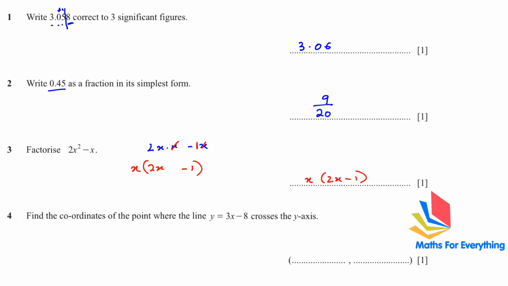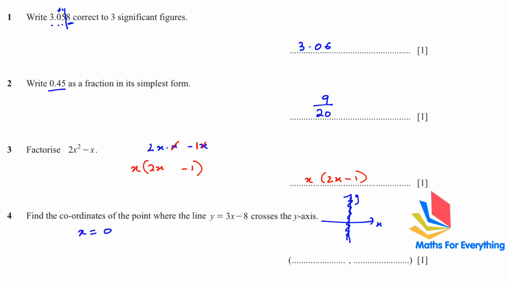Question number 4. Find the coordinates of the point where the line y equals 3x minus 8 crosses the y-axis. This is your y-axis. This is your x-axis. Any point on the y-axis will have x coordinate as 0. So this is something you need to remember.